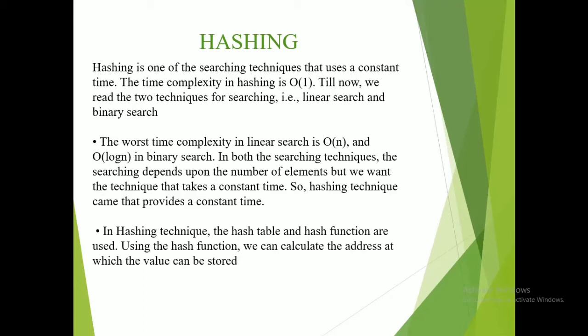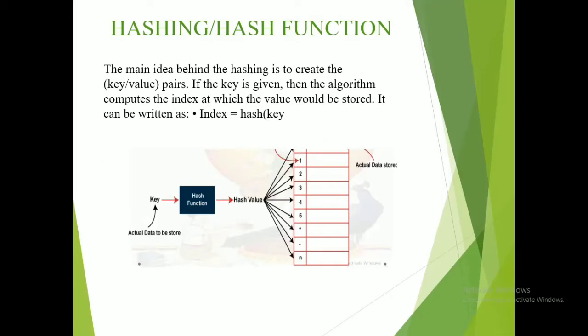In hashing techniques, the hash table and the hash function are used. Using the hash function, we calculate the address at which a value can be stored. Hashing and hash function: the main idea behind hashing is to create a key-value pair.